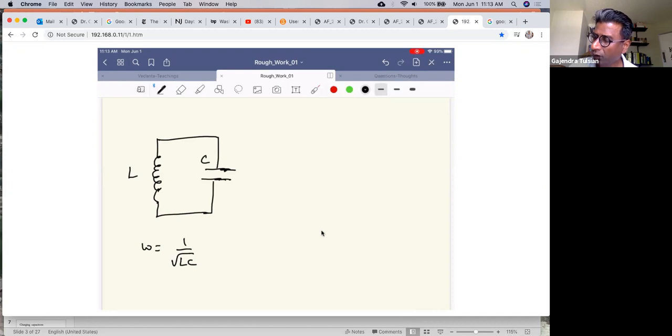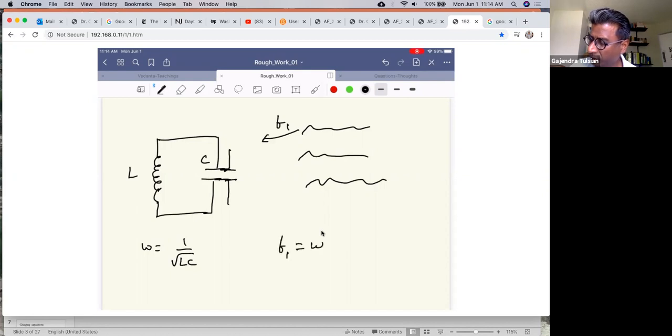Now, if you're in a room with a whole bunch of frequencies, and you stick out antennas like that, a frequency that matches the natural frequency of the circuit will set up, via resonance, a current.